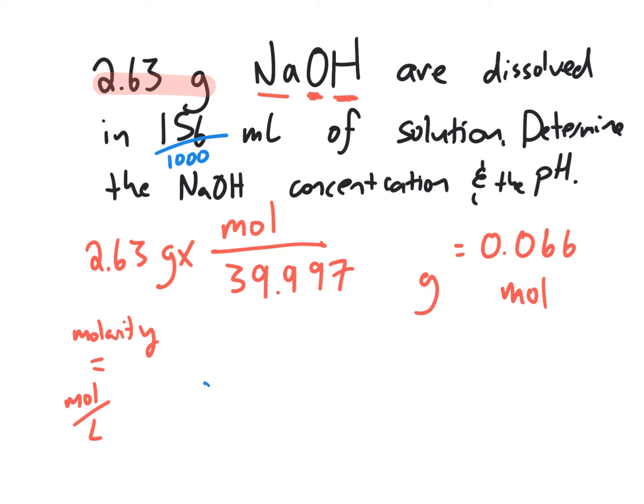And so I'll get 0.156 liters on bottom, just dividing by 1,000, dividing by liters. And then the moles goes on top, 0.066 moles. Molarity is moles per liter.